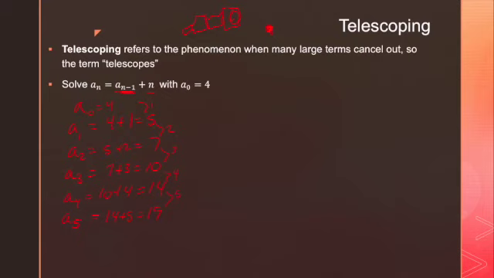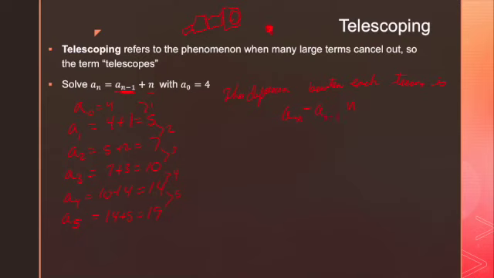Unless I rewrite this another way. The difference between each term is n. So if I have a sub n minus a sub n minus 1, the difference is going to be n.